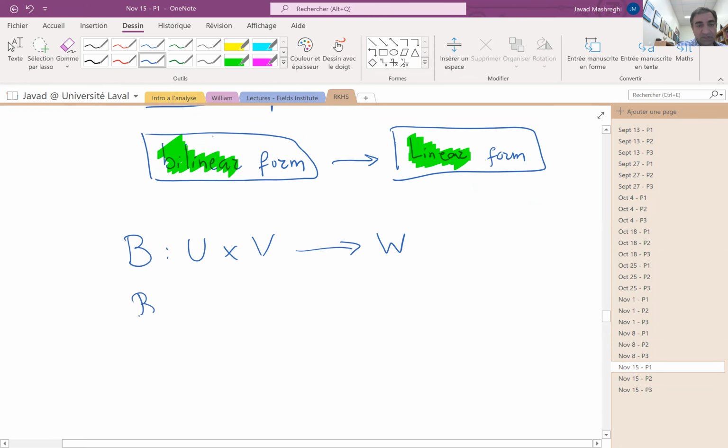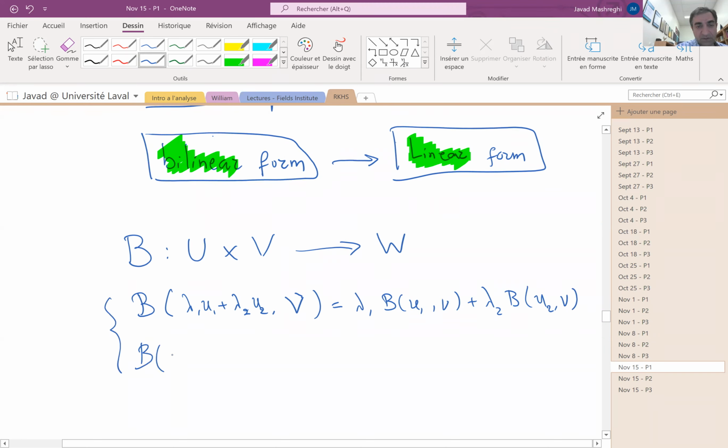In other words, B of lambda 1 U1 plus lambda 2 U2 and any V, small v, is lambda 1 B U1 V plus lambda 2 B U2 V. And the same with the second component, B of U and again lambda 1, but not lambda 1 bar.